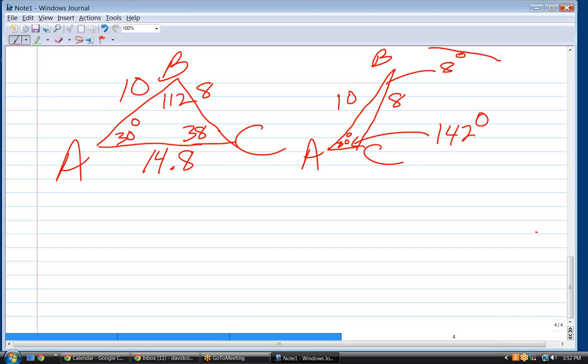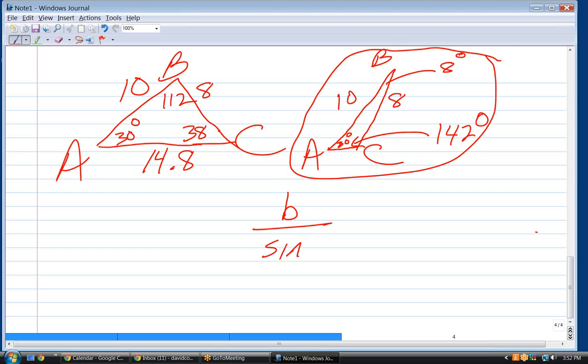Now let's solve this triangle over here. I still have to solve for side B. So I have side B over sine 8 equals 8 over sine 30.